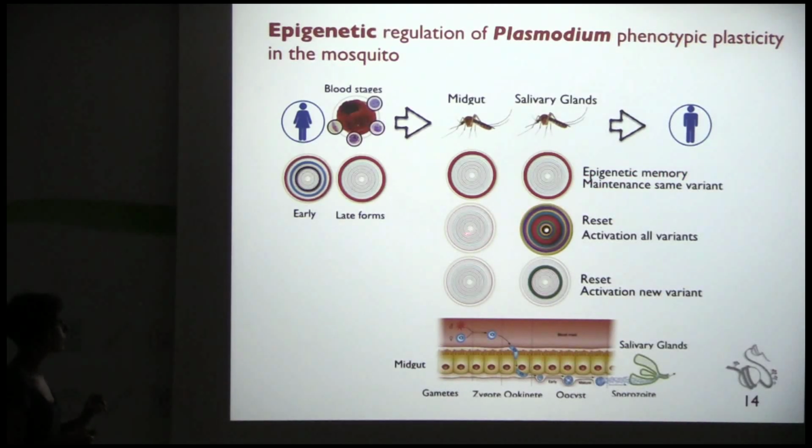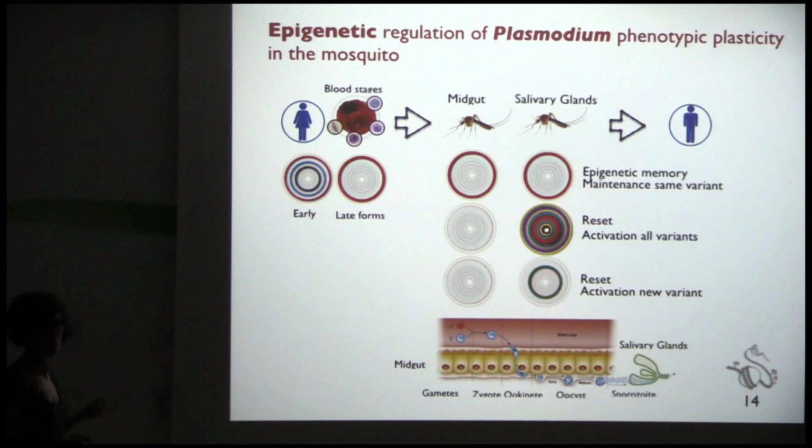Or there is a reset, and then all variants are expressed, so the parasite is somehow prepared for whatever it finds in the next human host. Or it can be that there is a reset, all variants are silent, and then a new variant is expressed, which is different from the one that was expressed in the human host.